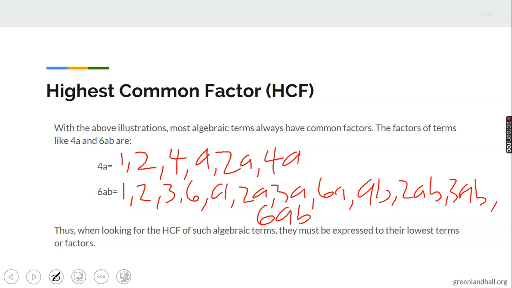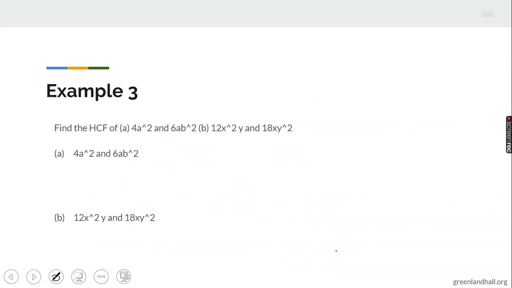Which one is the highest of all? 1, 2, a, 2a. 2a is the highest. So 2a is the highest common factor, that is the HCF of 4a and 6ab. Okay, let's look at some other examples.